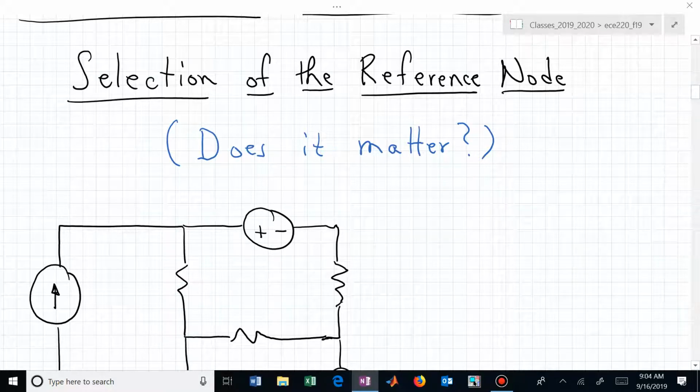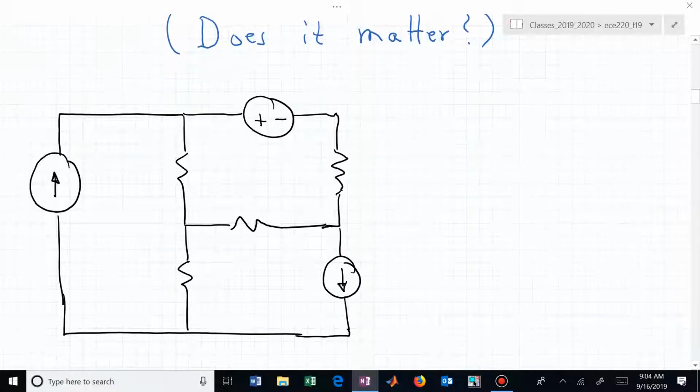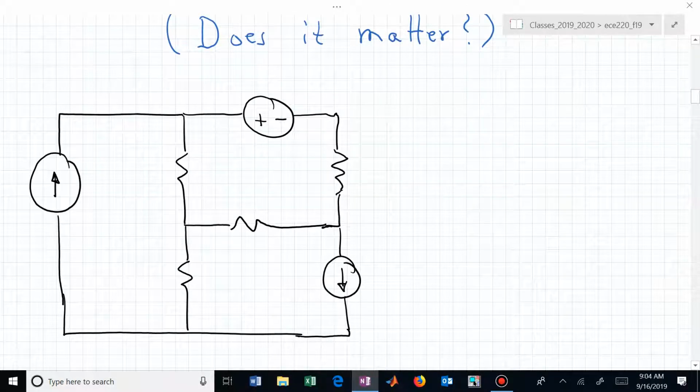Let's start with the selection of the reference node, and does it matter? Here's a circuit, and I haven't labeled too much other than I have some current sources. All my sources are independent because they're circles. There's some resistors. How those are labeled doesn't matter for this discussion.